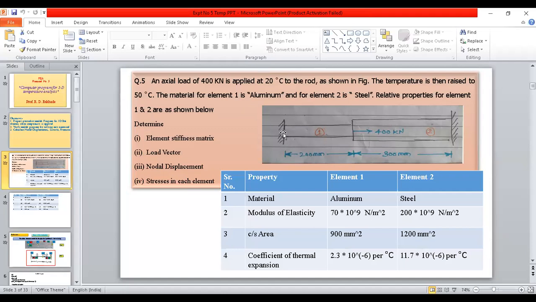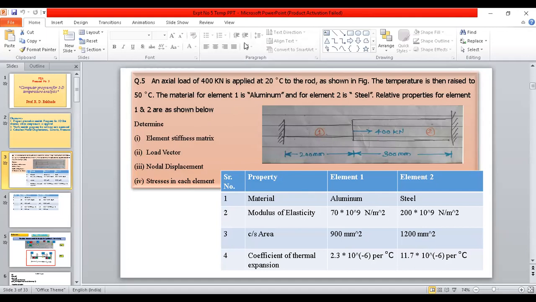Suppose this is end 1 and this is end 2, and suppose this is element 1 and this is element 2, with their respective dimensions, that is 200 mm length for element 1 and 300 mm length for the second element, and there is an external force of 400 kilonewton at the intersecting point of these two elements. The material of the first element is aluminum, the second element steel.